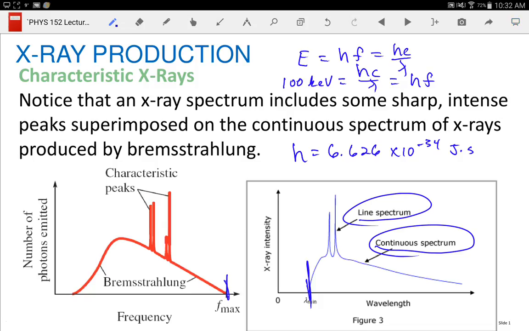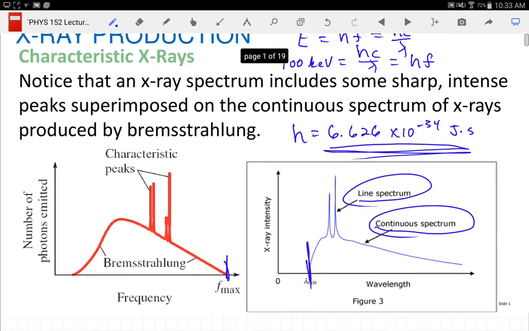The experiment that Einstein proposed to show that light had a particle behavior. And one of the outcomes of that experiment is going to be calculating this constant. So just doing that, if I take my 100 kiloelectron volts as hf, I can find what the frequency would be if it's all converted from kinetic energy into light.